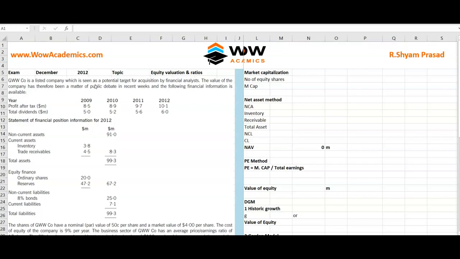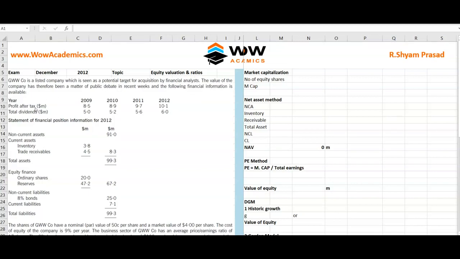GCO is a listed company which is seen as a potential target for acquisition by financial analysts. The value of the company has therefore been a matter of public debate in recent weeks, and the following financial information is available. So they have given you data for four years, from 2009 to 2012.